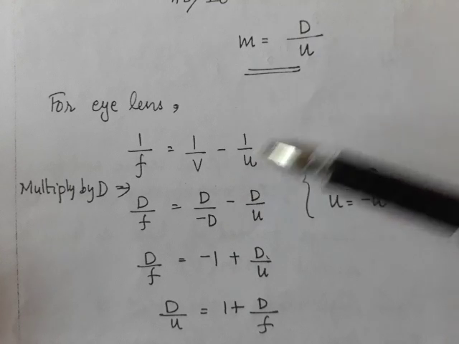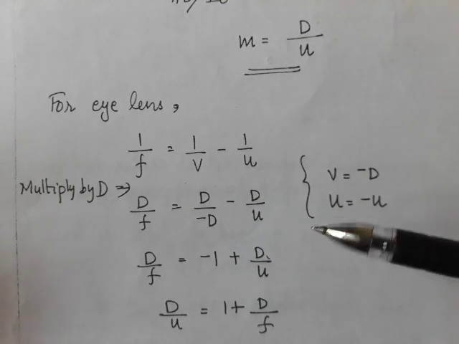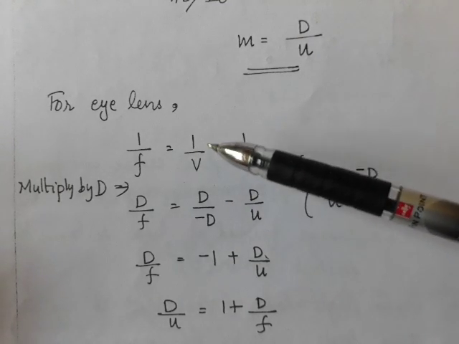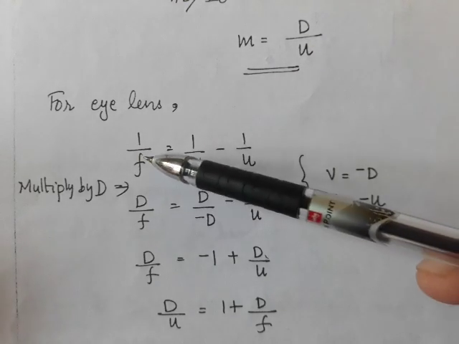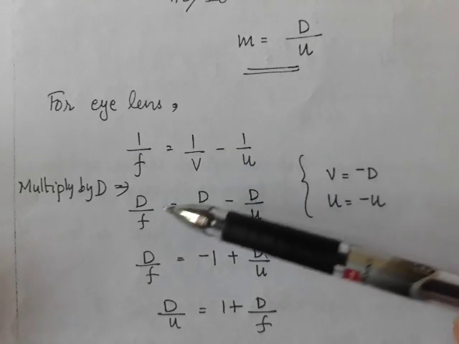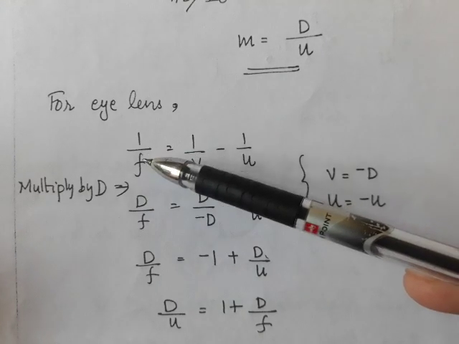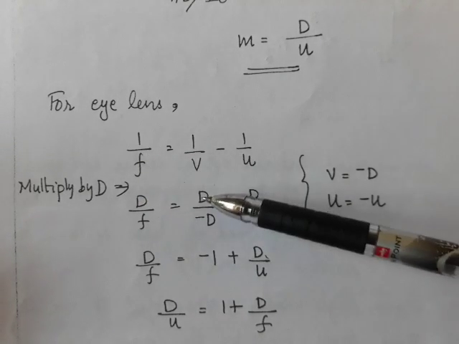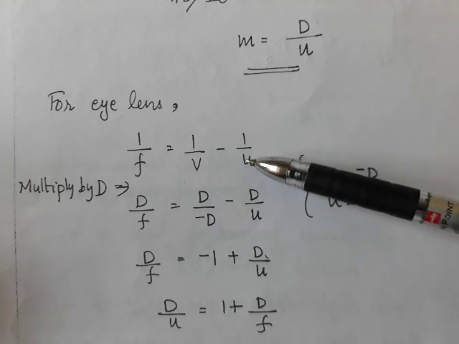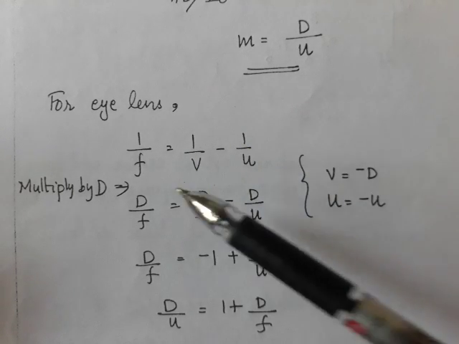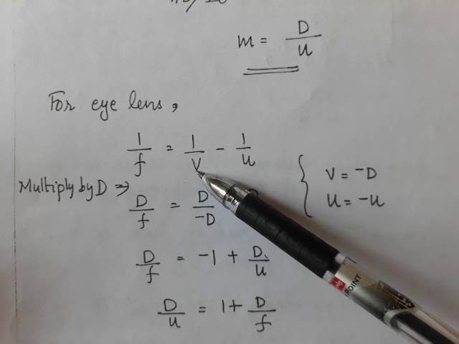The same equation can be framed in terms of focal length also. For that, let us check D by U using the lens formula. 1 by F is 1 by V minus 1 by U. Multiply this with D, then it becomes D by F equals D by V minus D by U. And we know that V is the image distance.